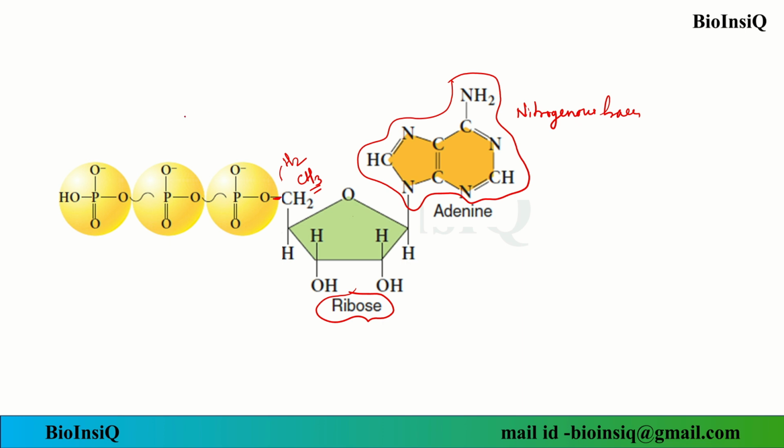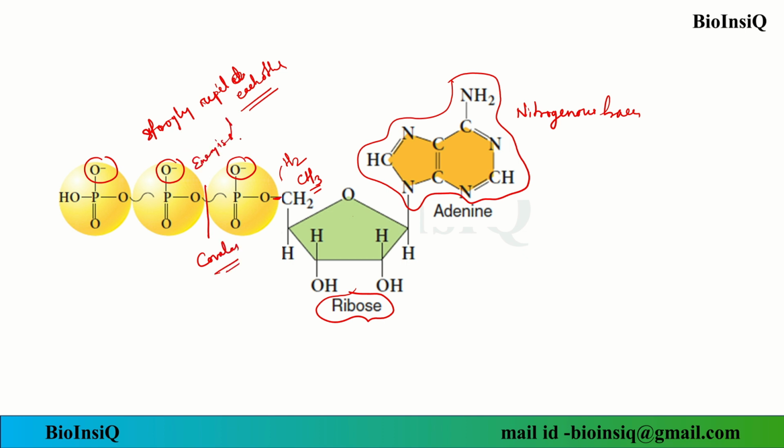As you already noticed, there are three negative oxygens marked on each phosphate group, which repel each other strongly, right? And there is a covalent bond, and this is the particular position where energy is stored.